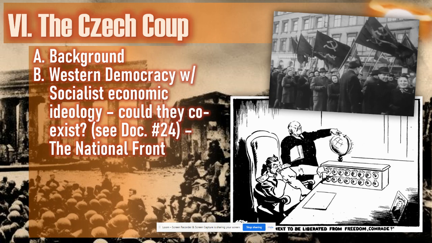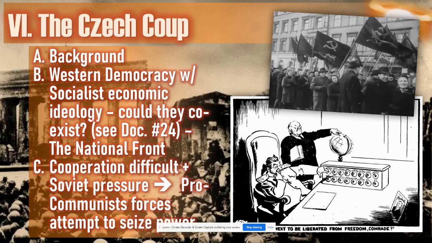Can you have a very strong communist party with this sort of coalition party that really don't agree with one another to govern Czechoslovakia? And the question is made more difficult because of constant Soviet pressure, and particularly of pro-communist forces, which are going to attempt to seize power with support of Stalin, and not only that, but the Red Army, which is right on its border as well.